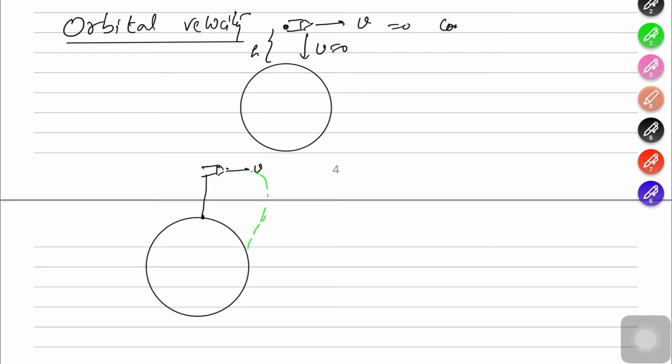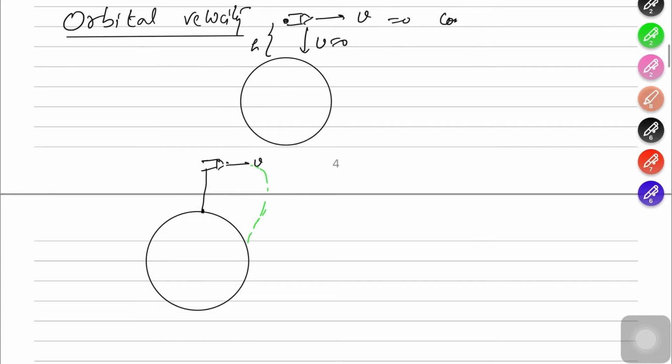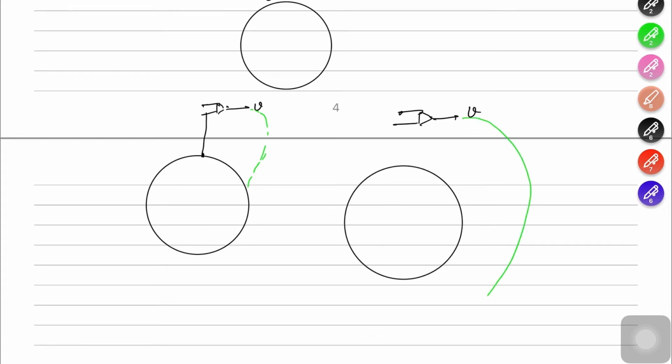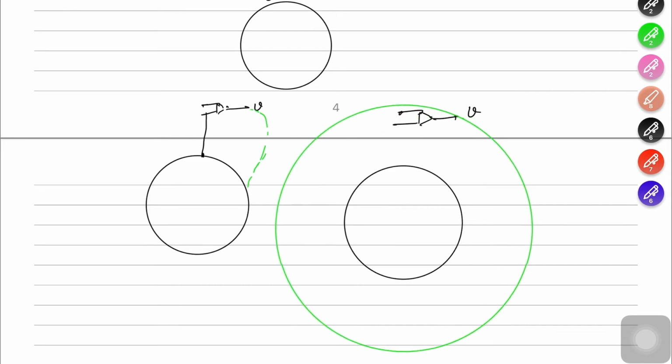But there is such a high velocity that this projectile completes a circular path. Okay, then that speed is known as the orbital speed.